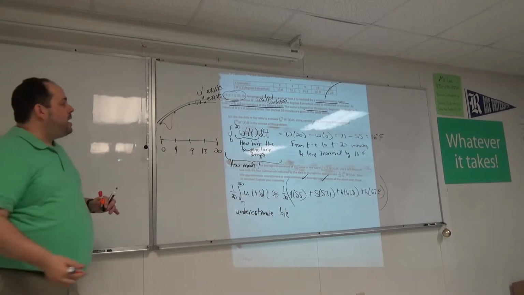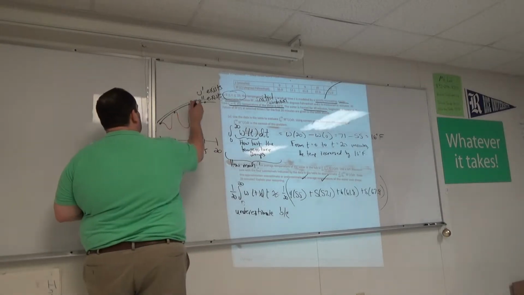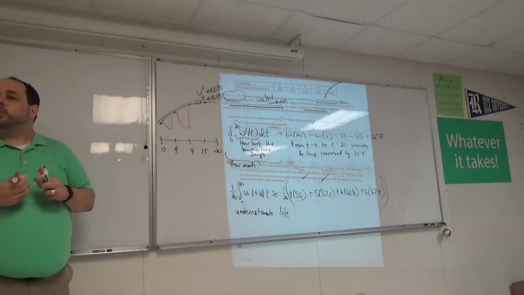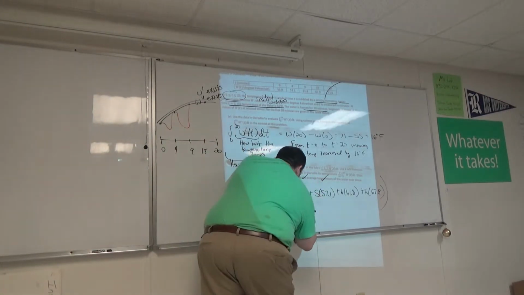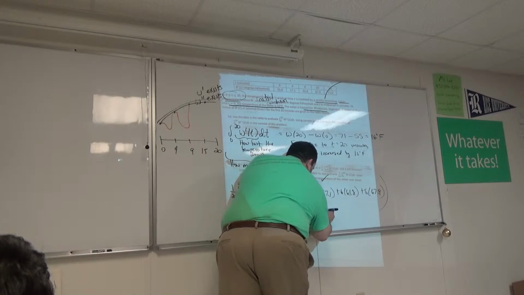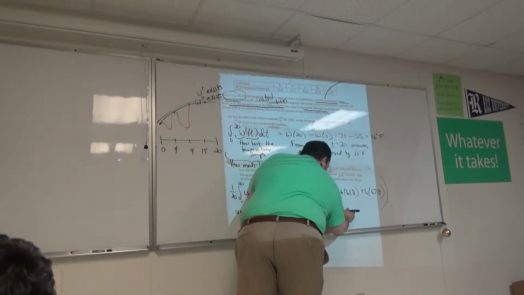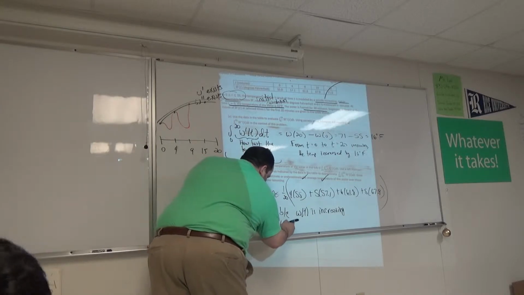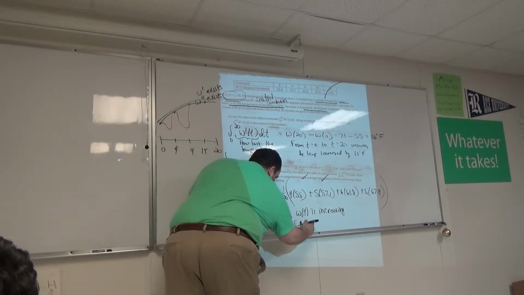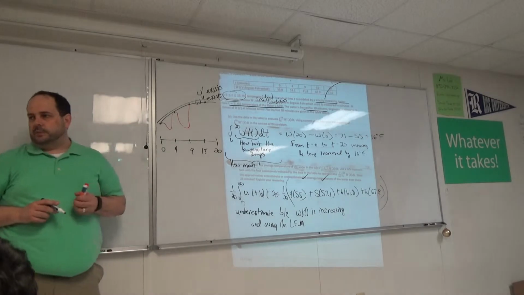Yeah. And that would be a problem. Your graph could do that, and then the left endpoint wouldn't give you underestimate. So I'd say underestimate because W of t is increasing and using the left endpoint method. Okay. You guys good?